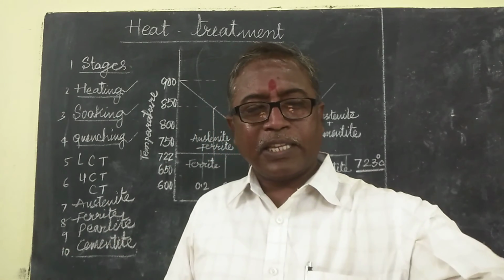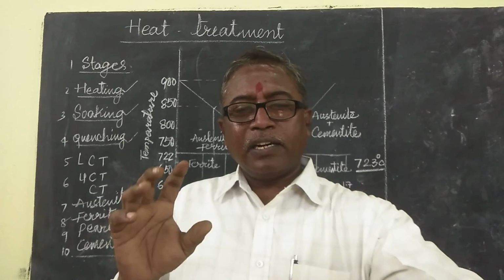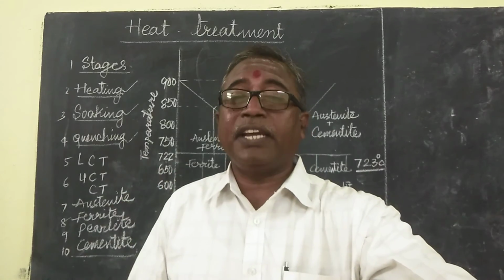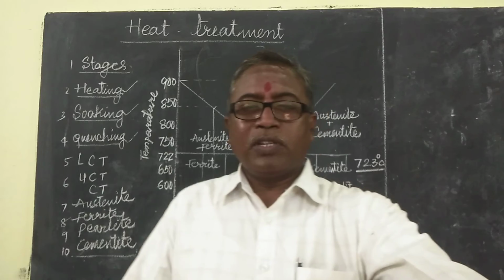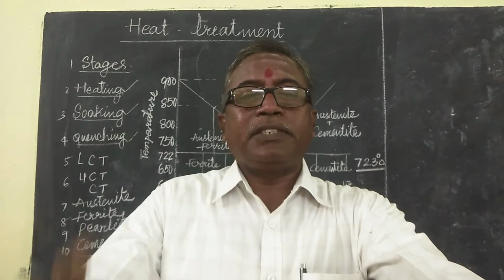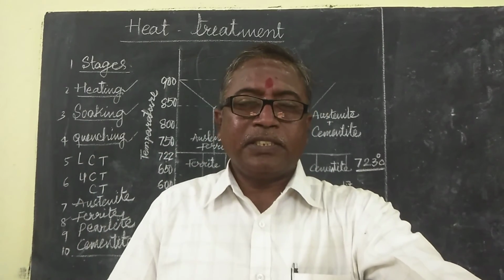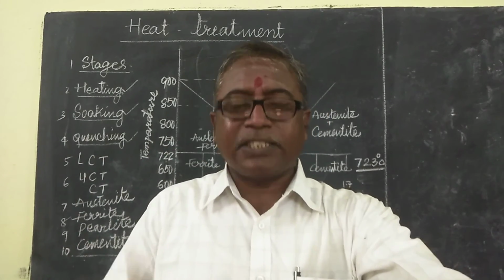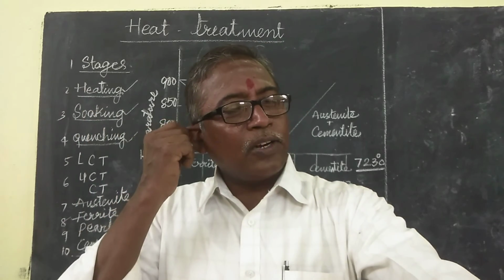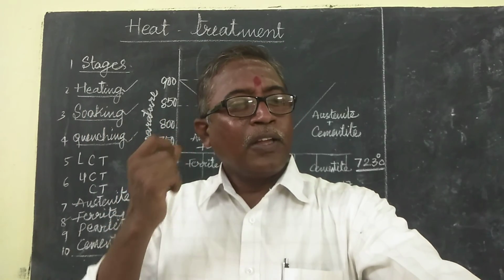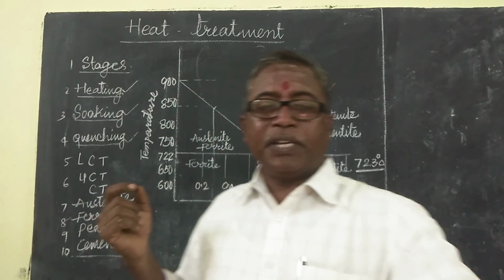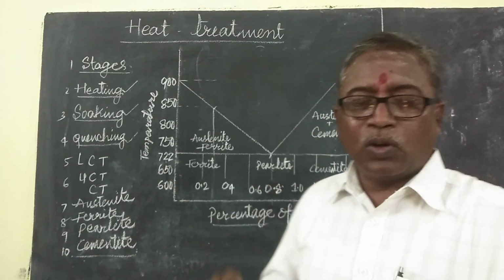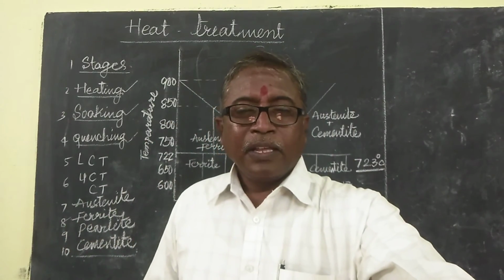Why do we call it that? The material starts to change its structure. The body does not change fully, it just starts changing. That is called the lower critical temperature, 723 degrees centigrade, for all carbon steels.